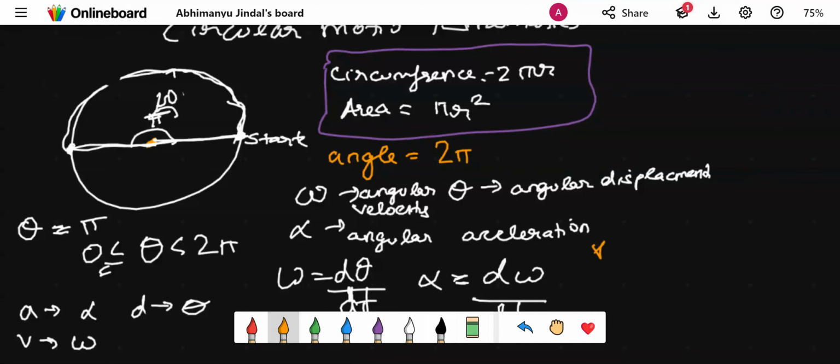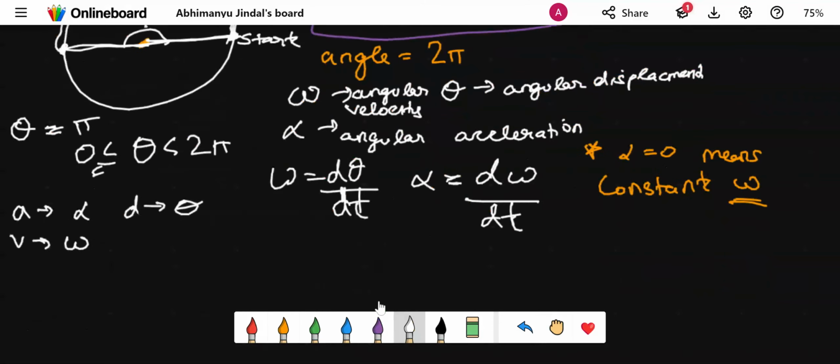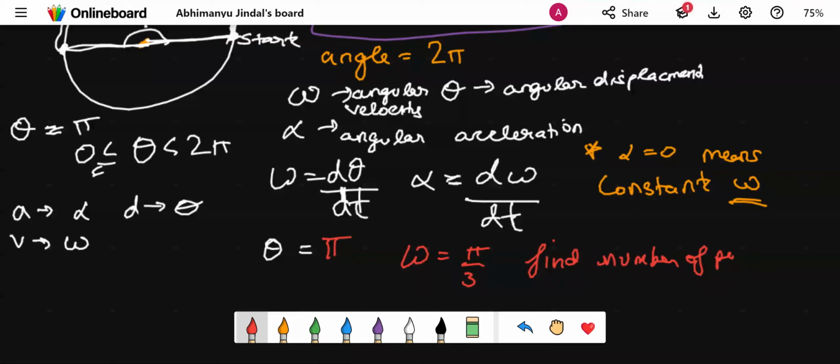Alpha equals 0 means constant omega, which means constant angular velocity. Now if I say theta equals pi and omega is pi by 3 rotations per second, find the number of revolutions per second.